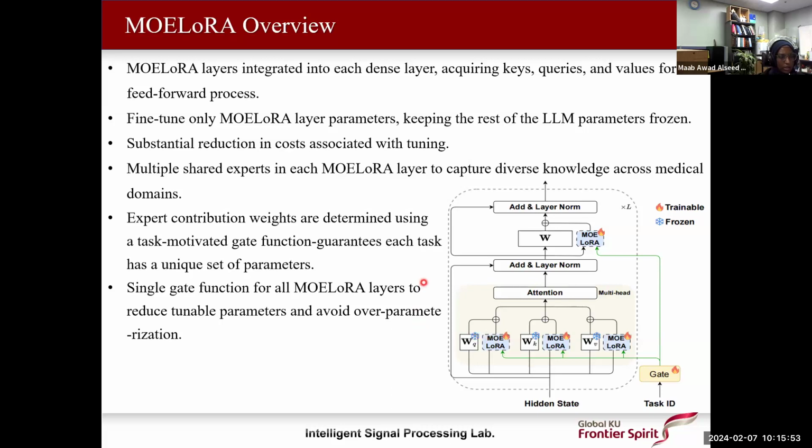Also, for the gate function, instead of using an individual gate function for each mixture of experts LoRA layer, they use just one gate function to control the whole network.